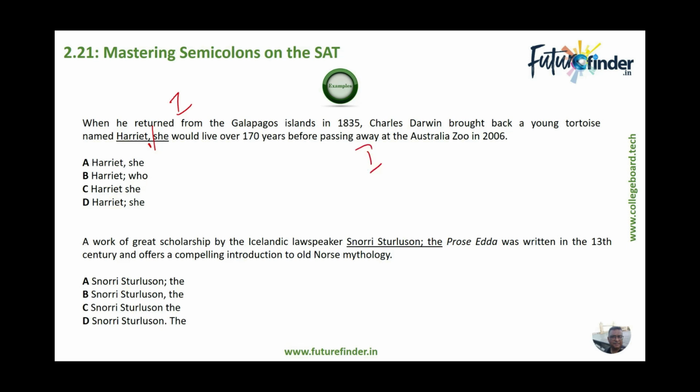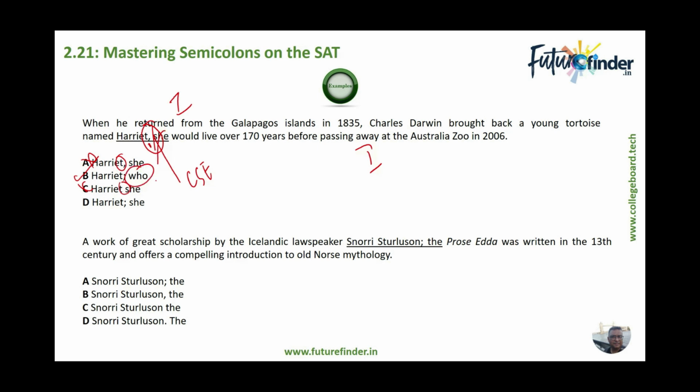Definitely an independent clause. It cannot be a comma out here, because this creates a comma splice error, and hence the most logical one that we can do is B, because there is a comma which is incorrect, no punctuation, definitely incorrect, and semicolon. Okay, sorry, it cannot be B, because there is a "who" out here.